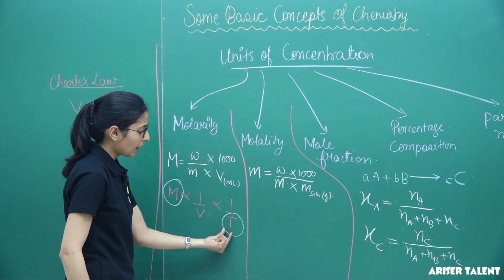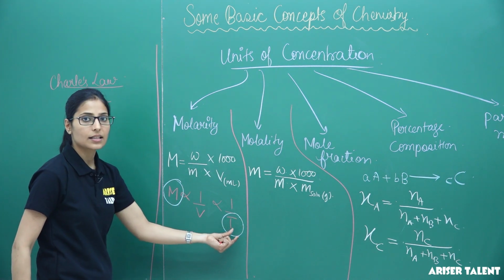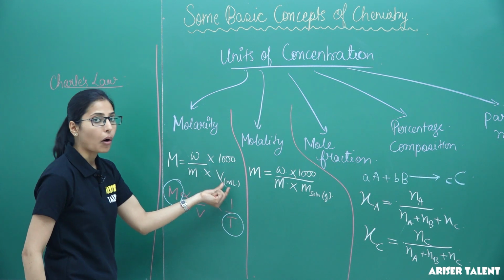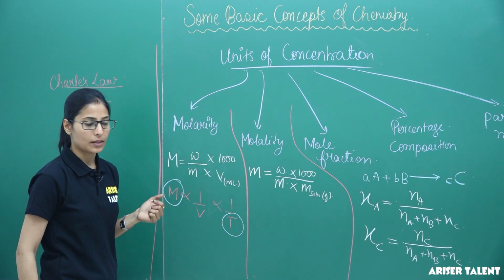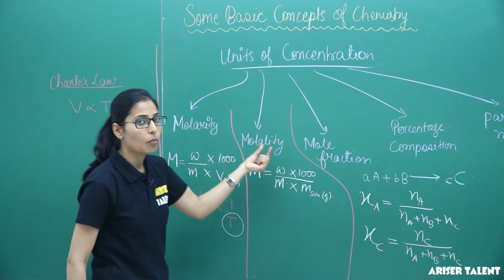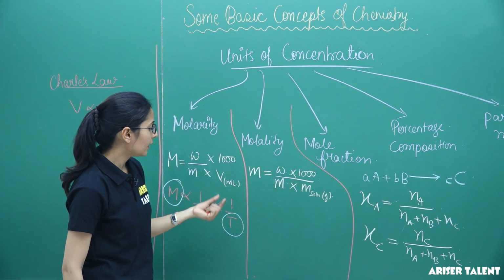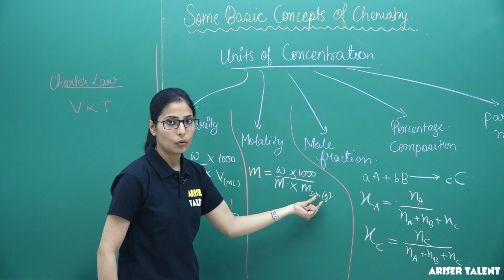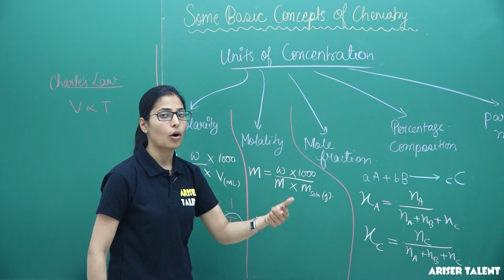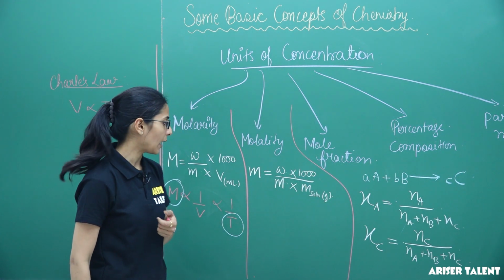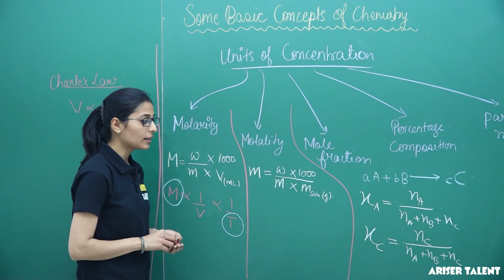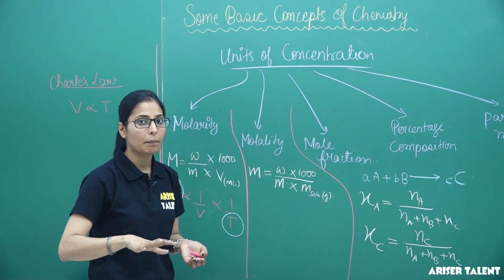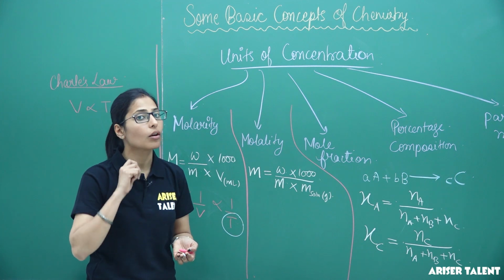So, M and T are inversely related, and this is all because we have the volume of the solution given to us, right. But in the case of molality, instead of the volume of the solution, here we have the mass of the solution. It is given to us either in kilograms or in grams. Since we know that mass is not dependent on the temperature, mass is always constant.